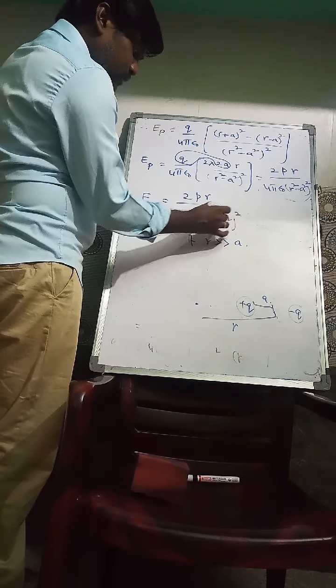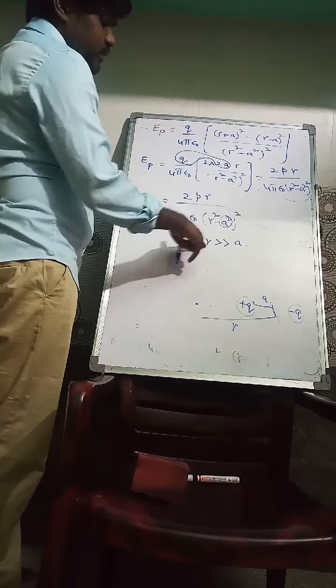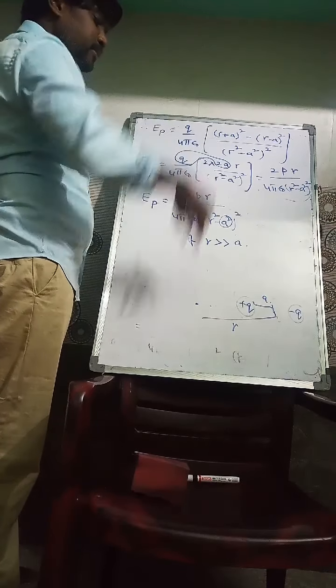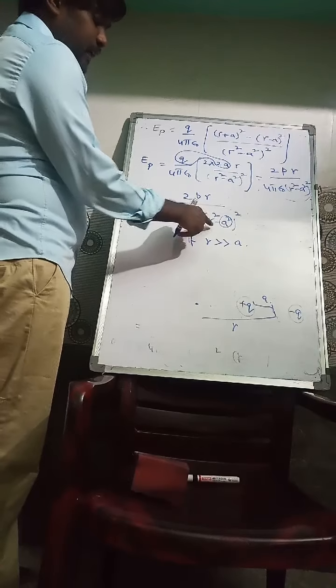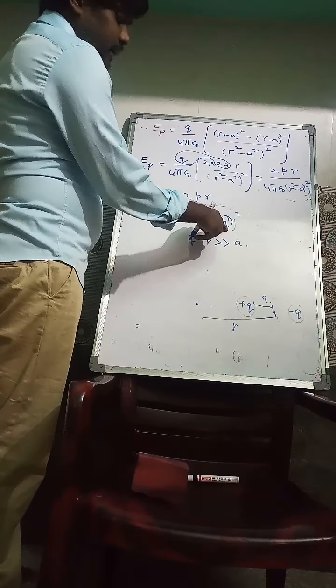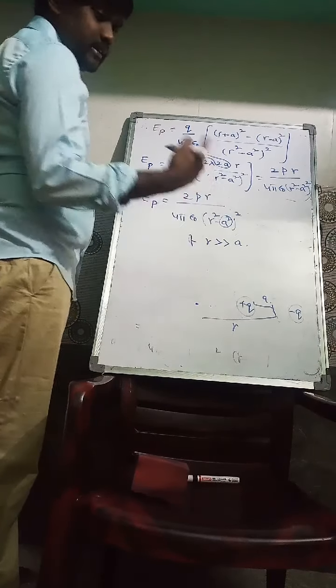Here A square can be neglected, because R square is very much greater than A square. If you add or delete A square, it doesn't make any sense.